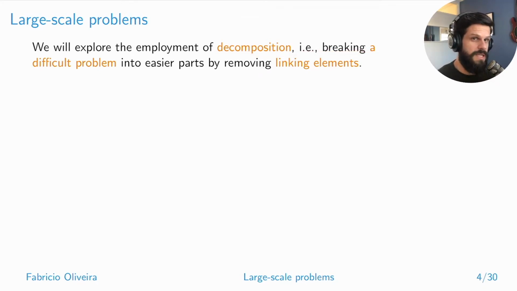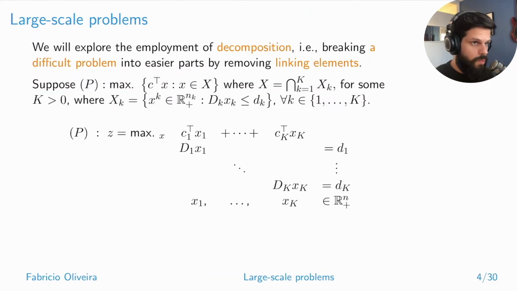That's what we mean by decomposing the problem. So trying to figure out which is the linking element that prevents us from being able to solve the problem as separate parts.